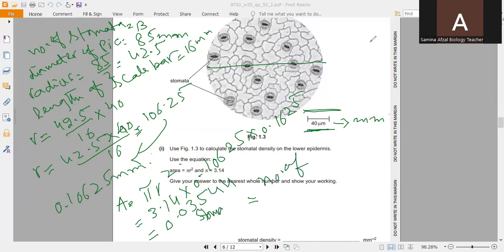And then the stomatal density is the number of stomata divided by area.